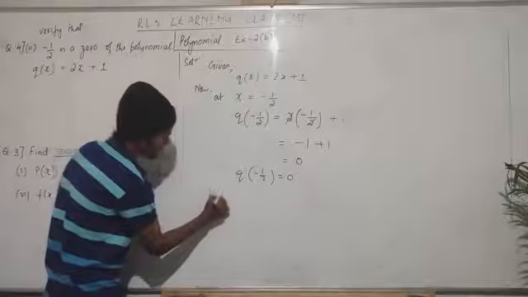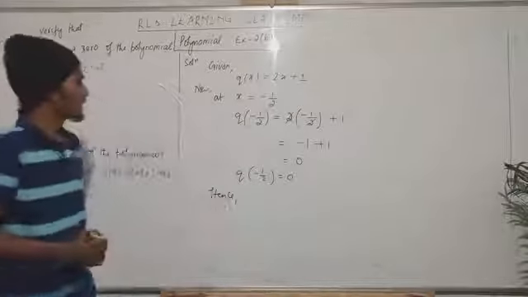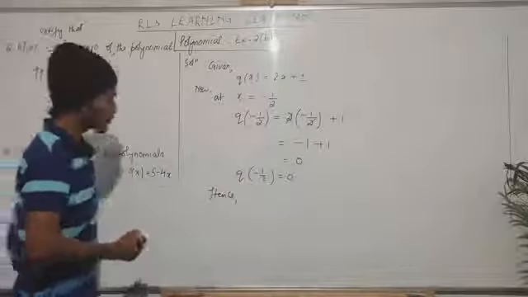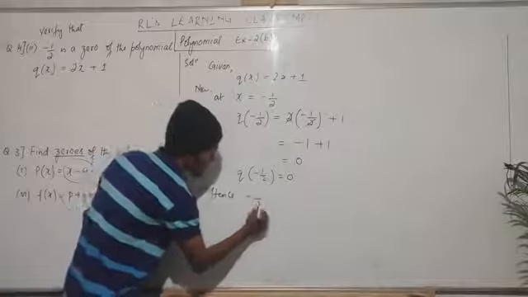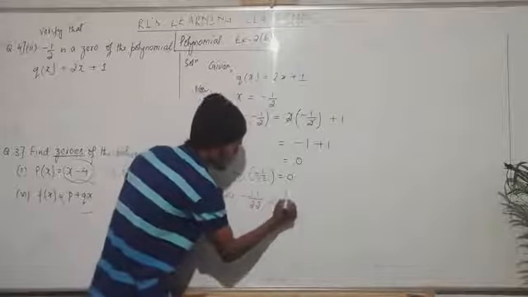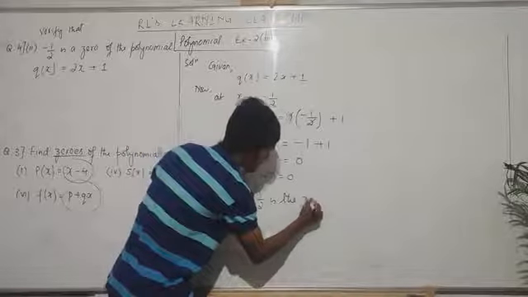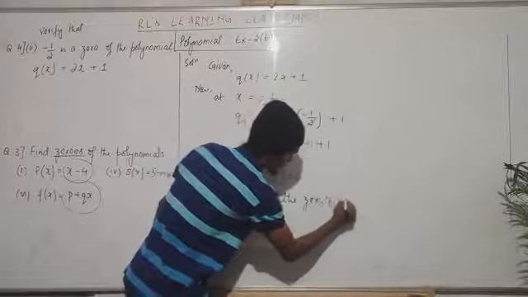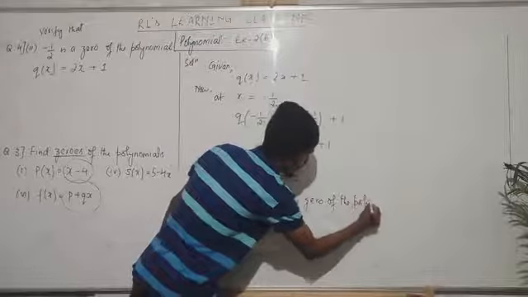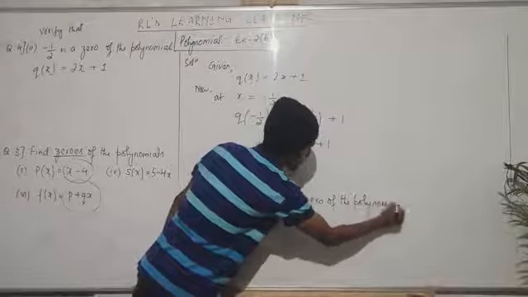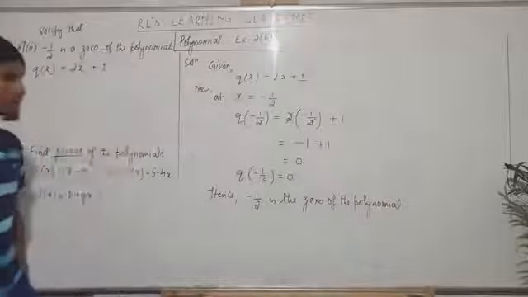And hence minus 1 by 2 is a zero of the given polynomial.